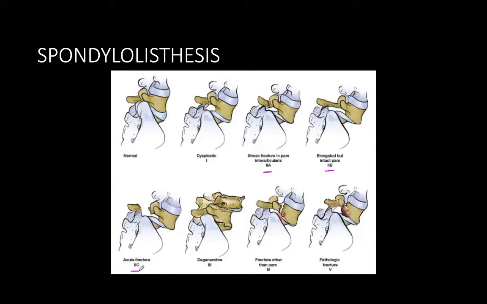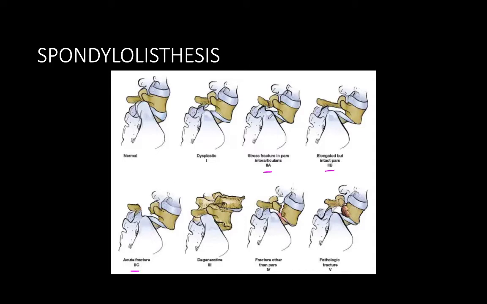Now, an isthmus is a narrow attachment point for something, okay? Like the isthmus of North and South America connecting at like the Panama Canal, for example. The isthmus is the pars interarticularis. And so the isthmus type of spondylolisthesis occurs with problems at the pars.